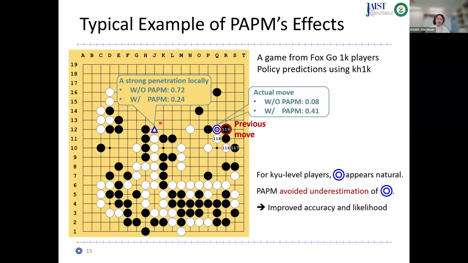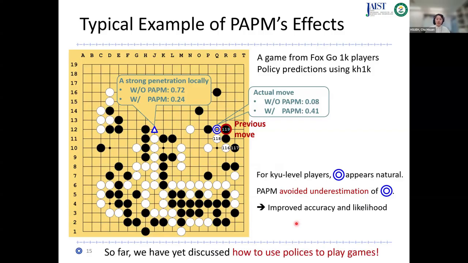In contrast, for this white triangle, it received 0.72 because this is a strong penetration locally. And for Q-level players, continuing the battle on the right seems natural, and PAPM avoided such kind of underestimation of the circle move. And this leads to the improvement of the accuracy and also likelihood.